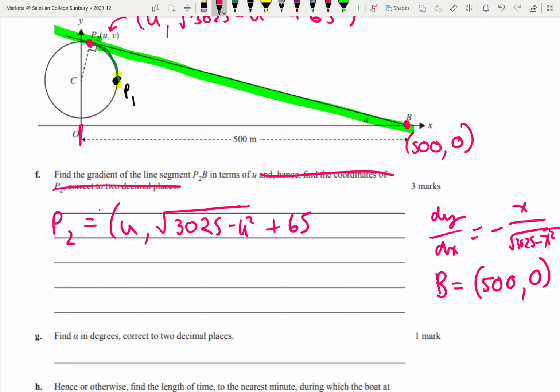Okay, so now that we've got that, we can say, well, the gradient of our P2 to B, so this green line here, so that tangent, so the gradient of P2B equals, well, y2 minus y1 over x2 minus x1.